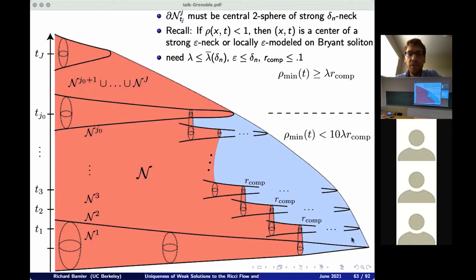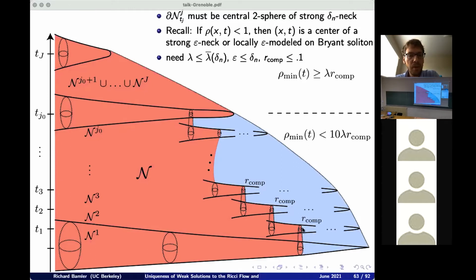And we know, since the scale of the tip has to be lambda times R comp, that this point cannot be locally epsilon modeled on a Bryan soliton, and instead has to be the center of a strong delta n neck. So then we know that the region here looks roughly like this, that this is a sphere of scale R comp, and this is a sphere of scale 2R comp.